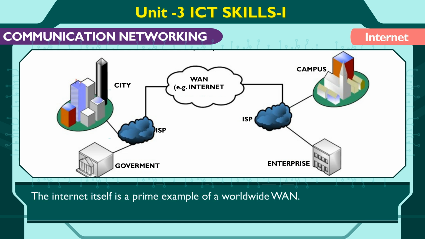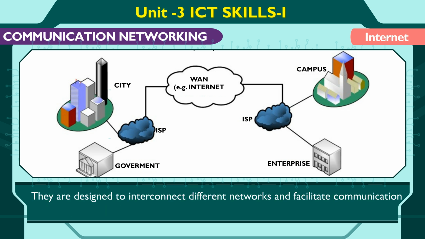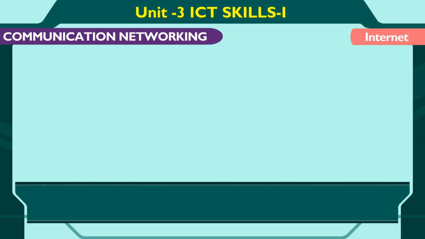The Internet itself is a prime example of a worldwide WAN. WANs offer slower data transfer rates compared to LANs due to the longer distances involved. They are designed to interconnect different networks and facilitate communication between geographically dispersed locations.